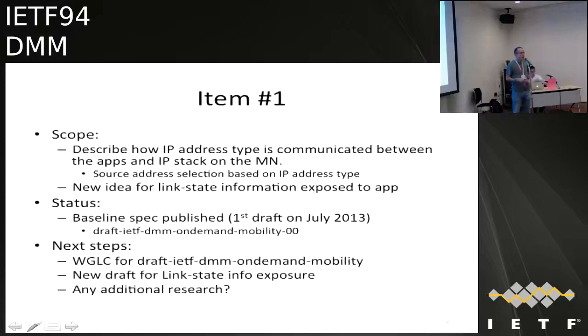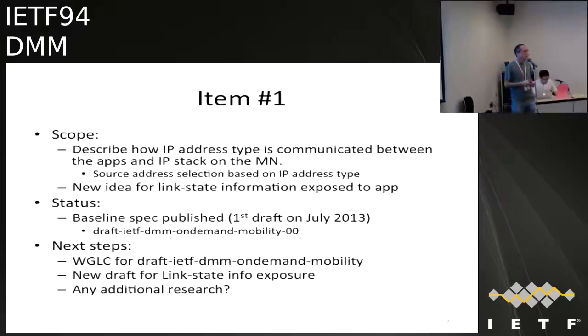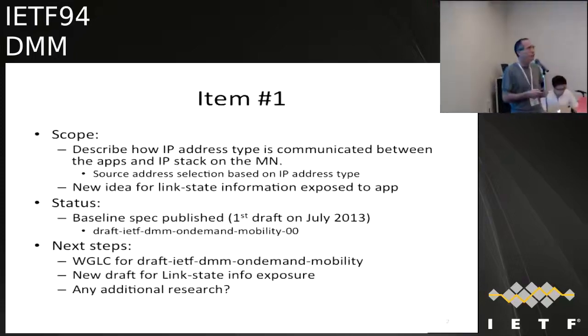In general, the working team had 4 items or 4 subjects that we were working on. The first one is describing how an application can request certain things regarding the source IP addresses or the services that it needs.